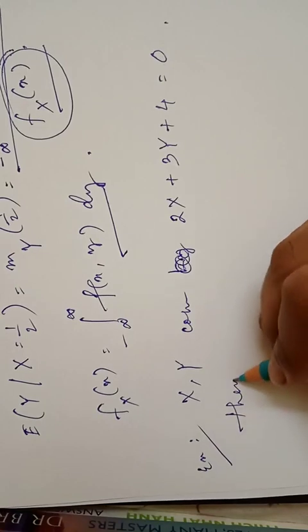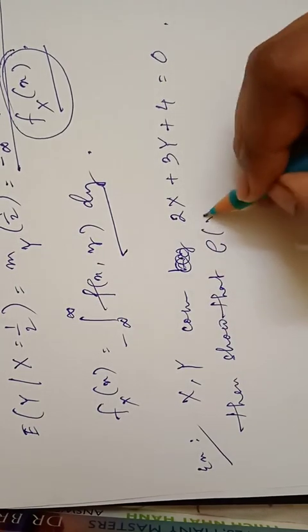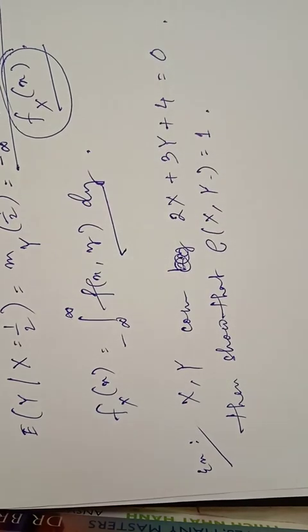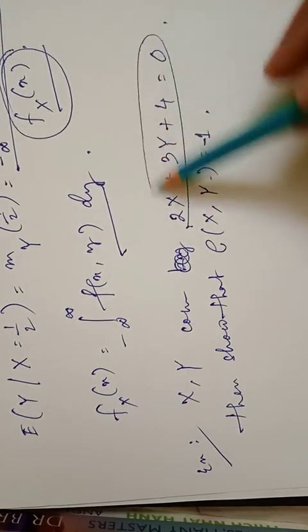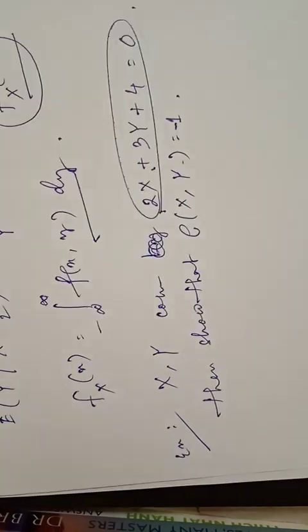Then show that rho of x comma y equals to 1. Okay, sorry, minus 1. Rho of x comma y equals to minus 1. Only one thing about x and y is given: they are related by this 2x plus 3y plus 4 equals to 0. So we are starting with this line.